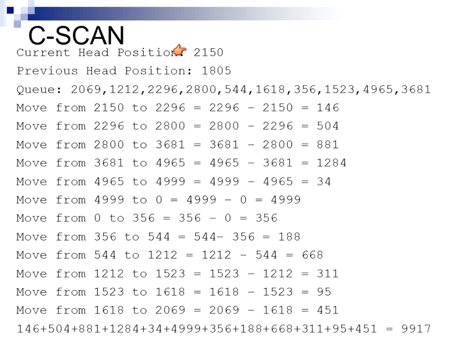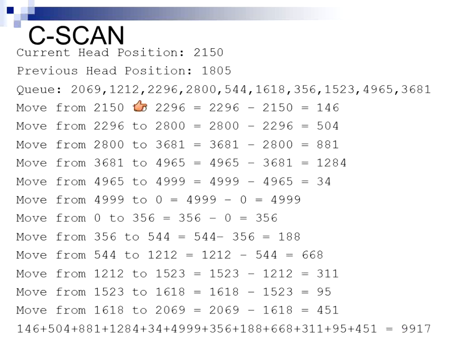So even though we can see that the number here is a bit higher than we had with SCAN, it's a little bit fairer that it's going to these requests that have been waiting the longest for service, and always going from lowest to highest.